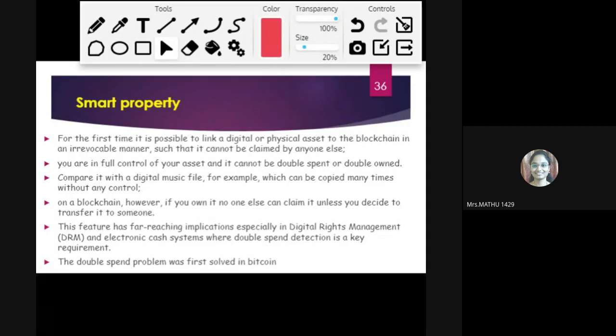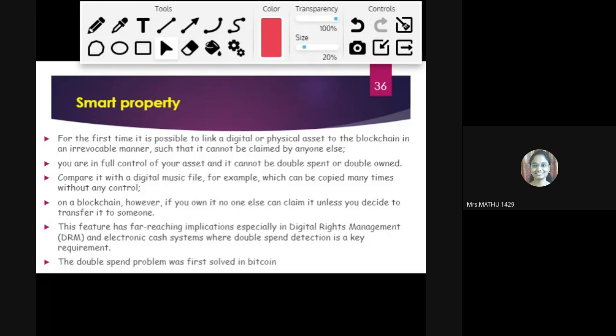But in the case of digital currency, there is a high risk that you may be able to make a copy of it. Blockchain, or rather Bitcoin, is the first implementation where this double spending is avoided.